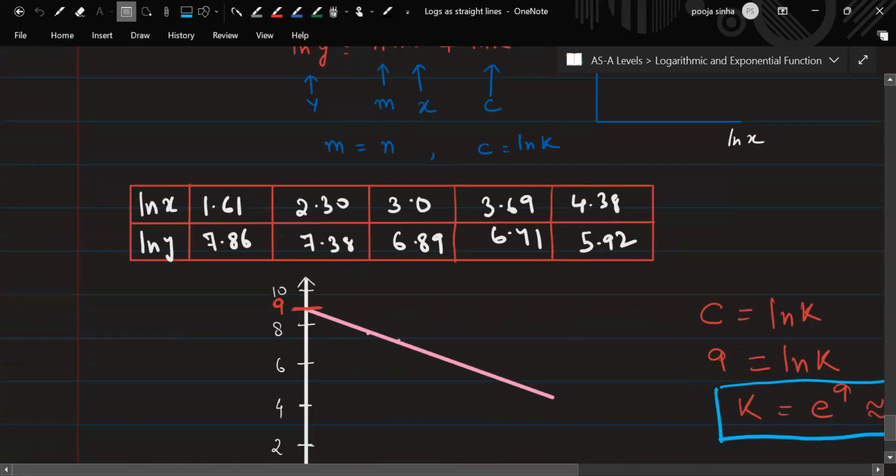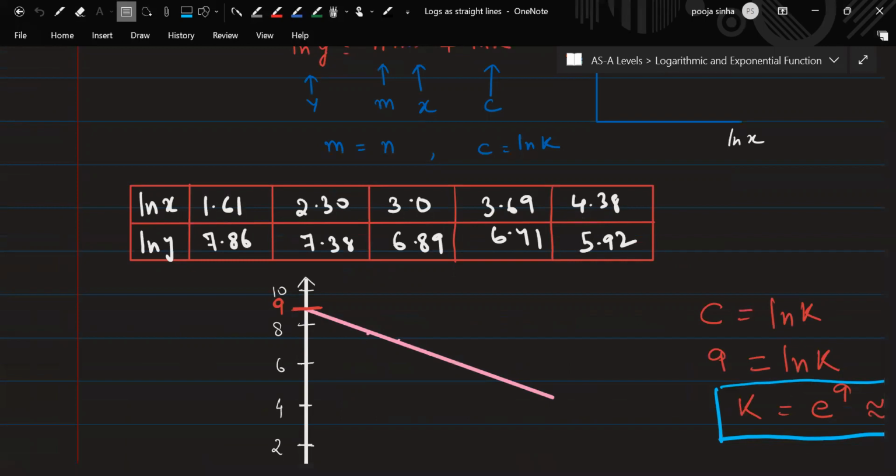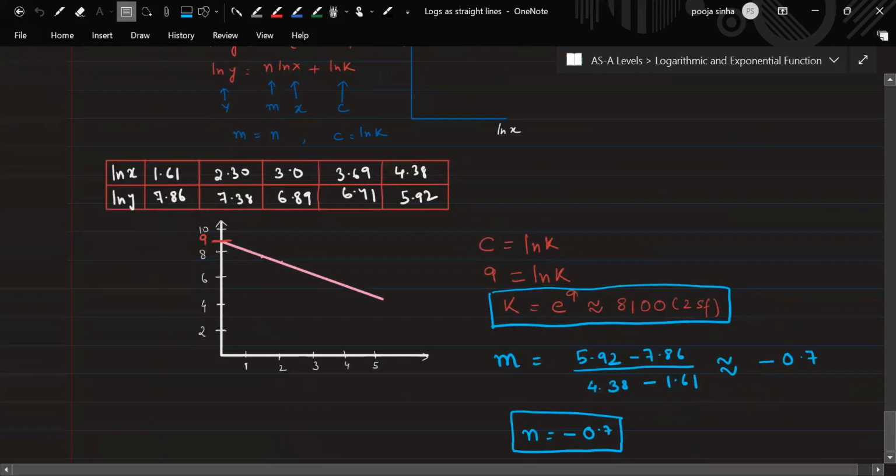And wherever it cuts the y-axis is the intercept. So we will then use ln k or whatever is there and equate it to that y-intercept and find that variable. And gradient can be found by using any x and y values. Perfect. So understood, right?